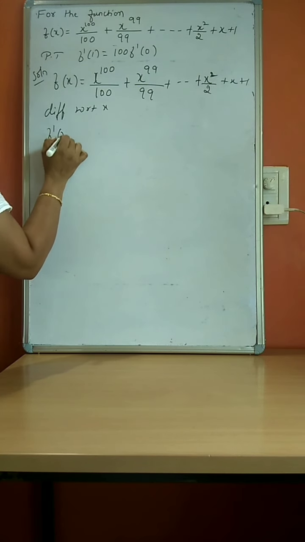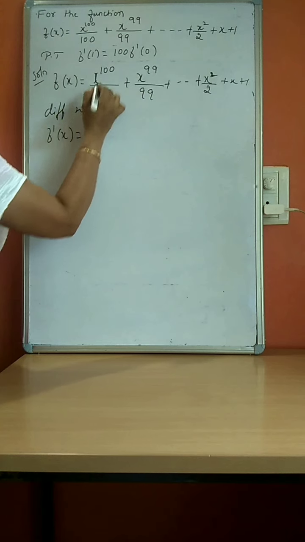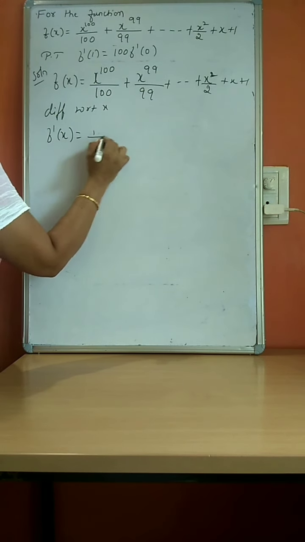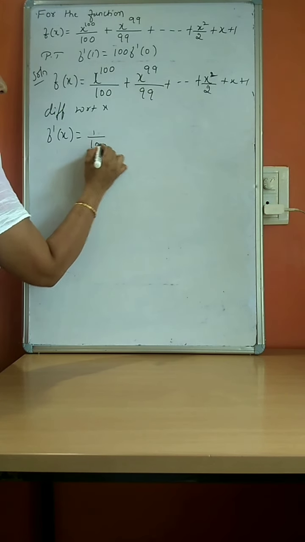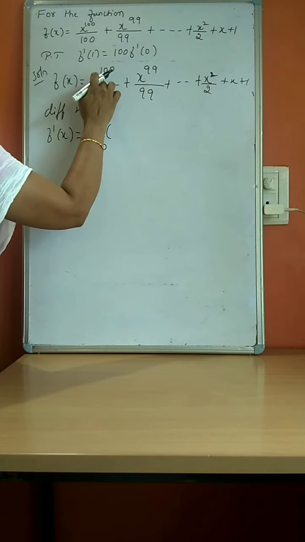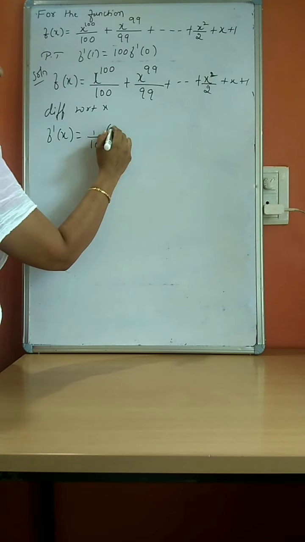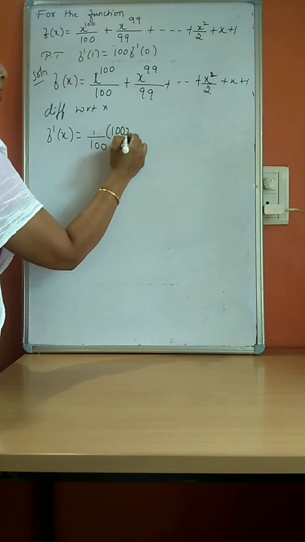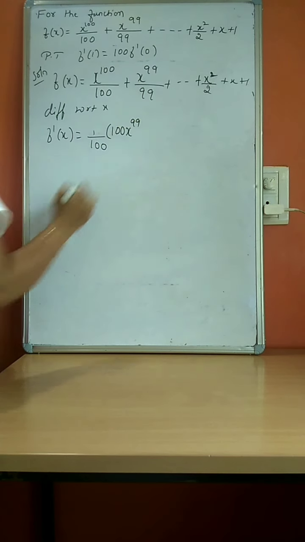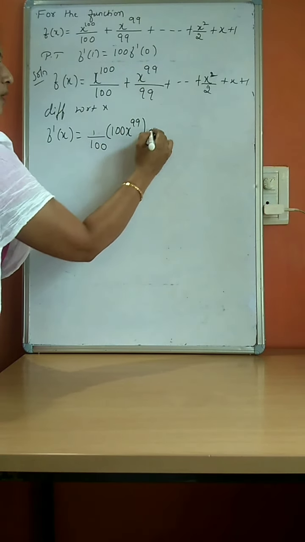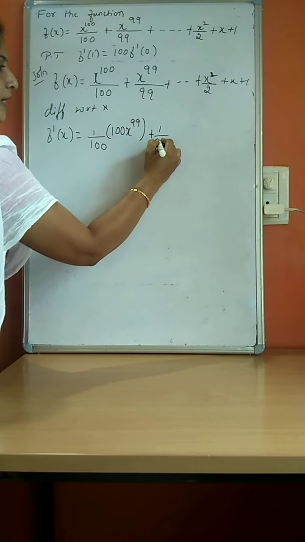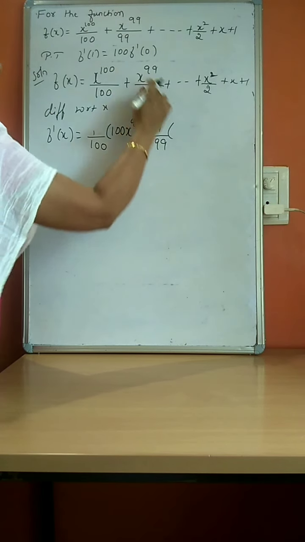What we get? F dash of x is equal to, see here 1 by 100 is constant, keep as it is. Differentiation of x to the power of 100 is what? 100 into x to the power of 99. Plus 1 over 99 is constant.